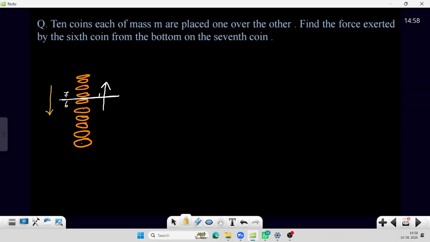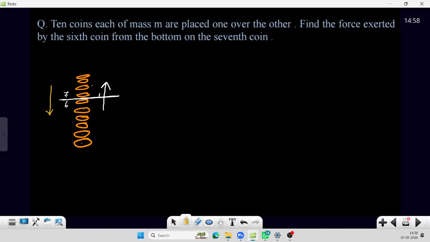This is action reaction, equal amount of force but in opposite direction. So the force caused by the sixth coin on the seventh will be exactly equal to the force caused by the seventh coin on the sixth. The upward and downward forces are equal, action reaction.